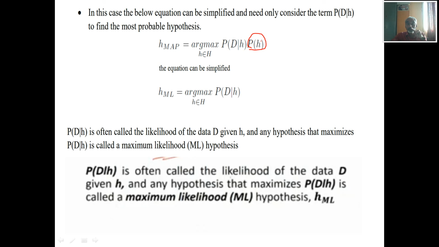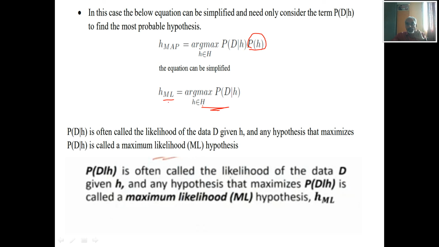When you ignore it, we simplify this as argmax of H belonging to the set of all hypotheses H, probability of D given the hypothesis H. Now this we call ML.